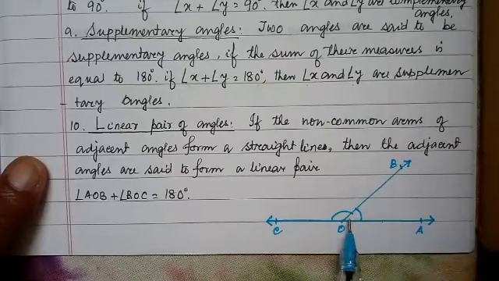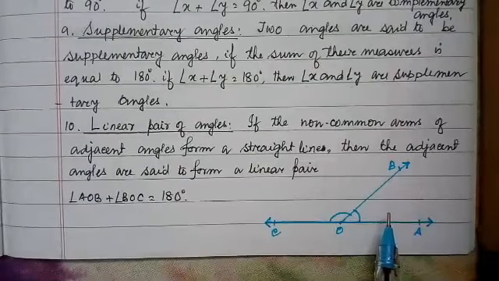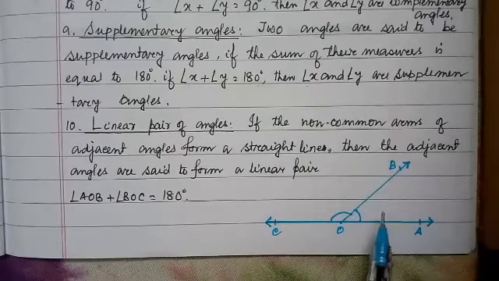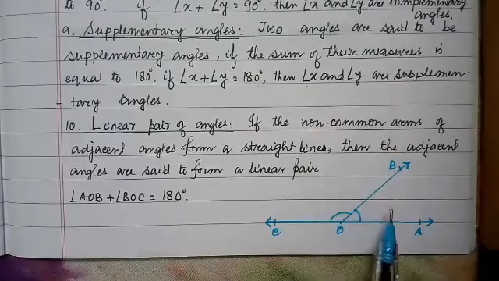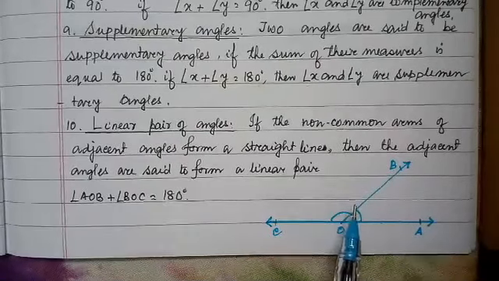That is, angle AOB plus angle BOC is equal to 180 degrees. Since the sum of adjacent angles is equal to 180 degrees, there is a straight angle. That is why these pairs are called linear pair of angles.